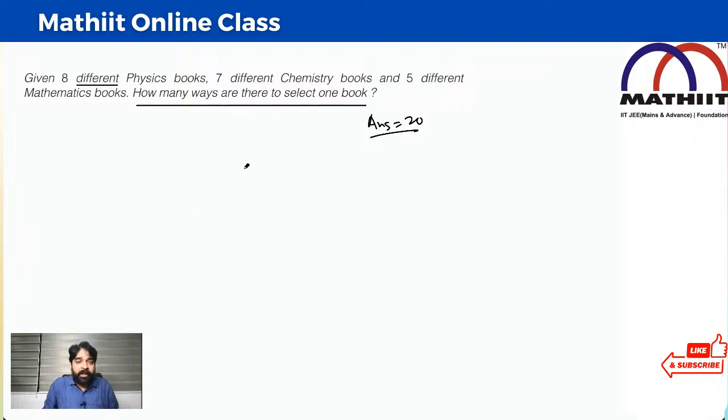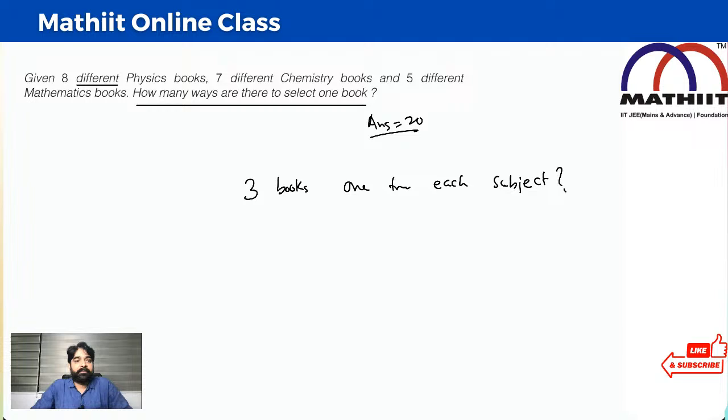Question, everybody. In how many ways can we select 3 books, one from each subject? One from each subject. Now tell me what will be the answer.